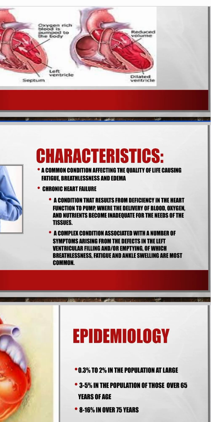So when there is a deficiency in the functionality of the heart, there is insufficient delivery of blood, oxygen, as well as nutrients to fulfill the needs of the tissues. So all of our cells and tissues are going to be deprived of oxygen when there is chronic heart failure.